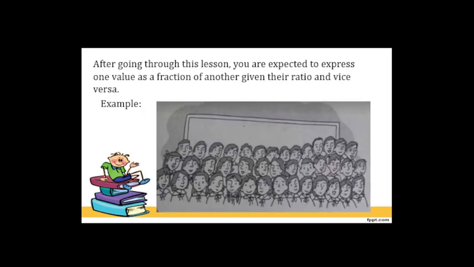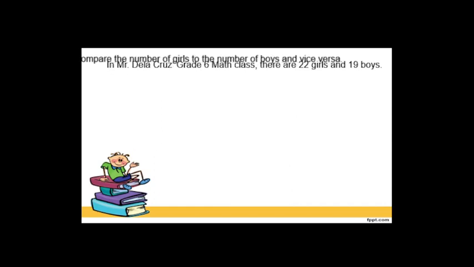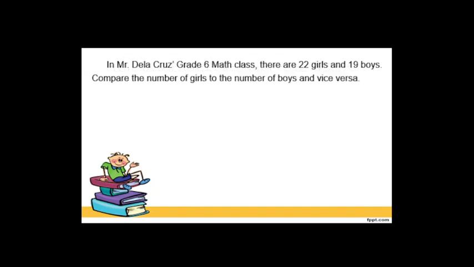Okay, example. Look at the picture on the screen. What have you noticed? In Mr. De La Cruz's Grade 6 math class, there are 22 girls and 19 boys. Compare the number of girls to the number of boys and vice versa. To compare, let us use the concept of ratio.